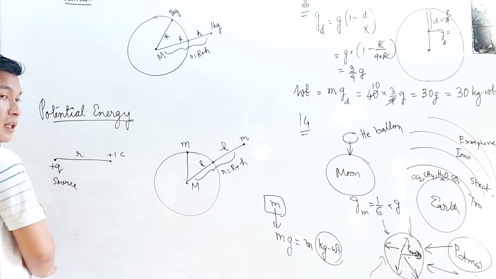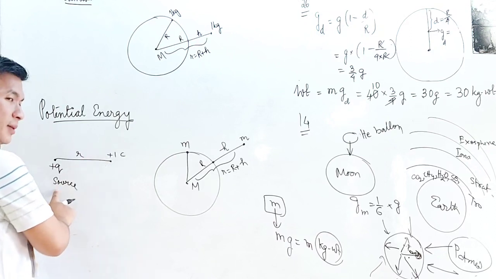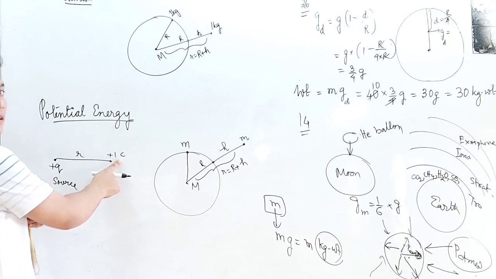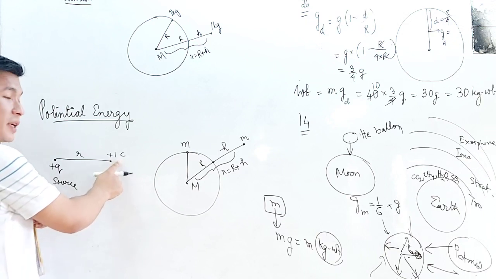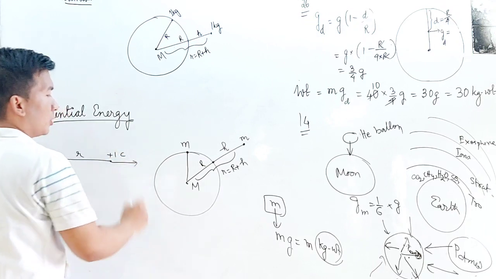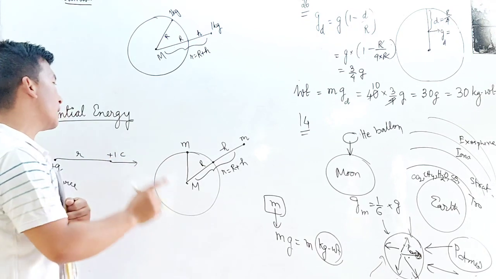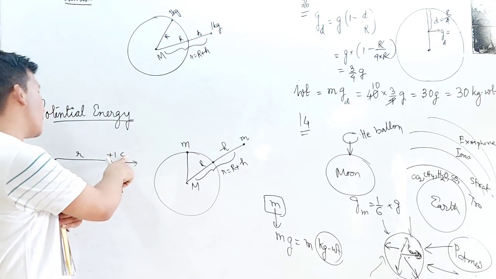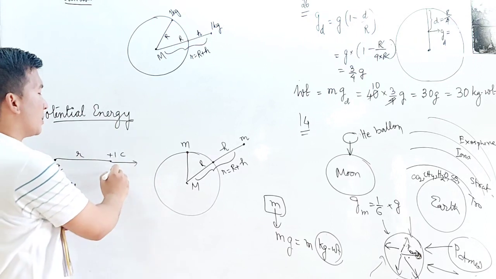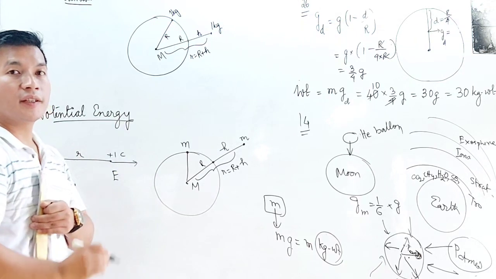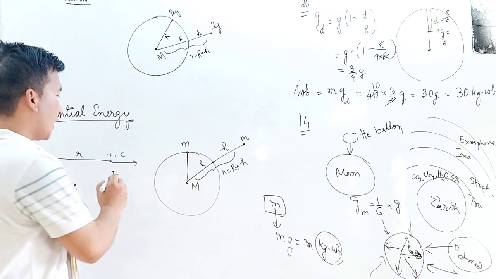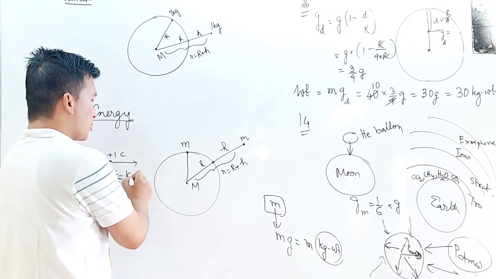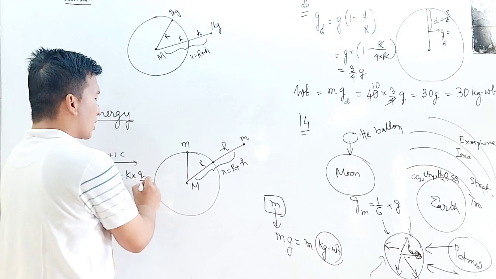Now this is positive, so this 1 coulomb of charge will be repelled. The repulsive force experienced by this 1 coulomb of charge from the source will be known as electric field intensity E, and it will be equal to K, where K means 1 by 4 pi epsilon naught, times Q divided by r square, distance square.